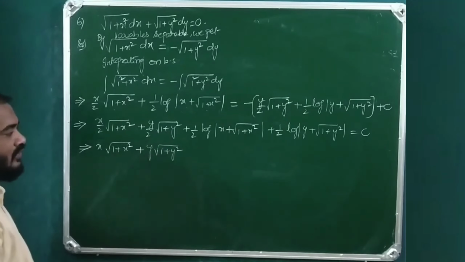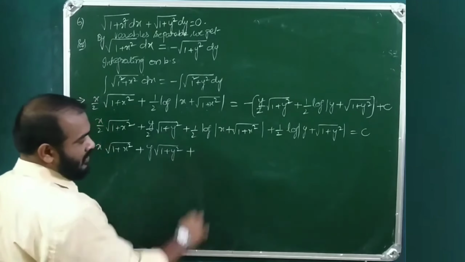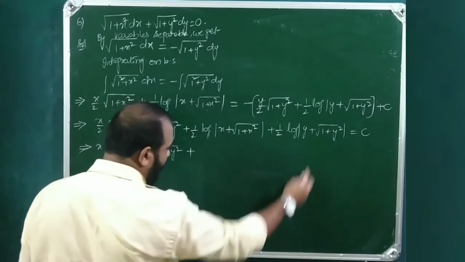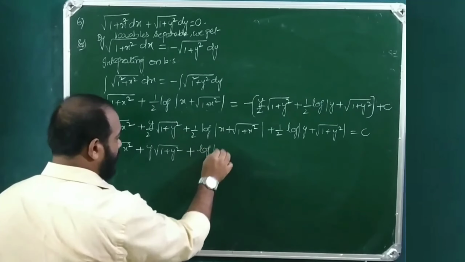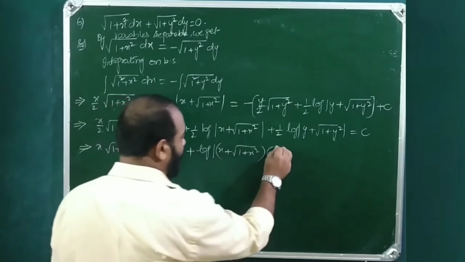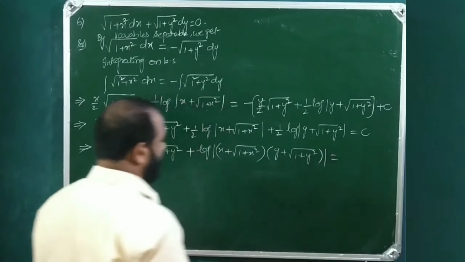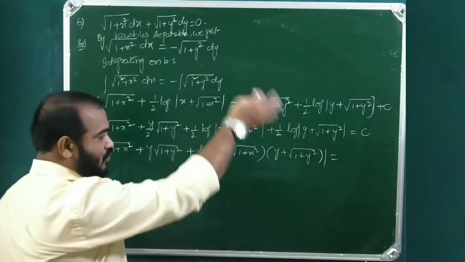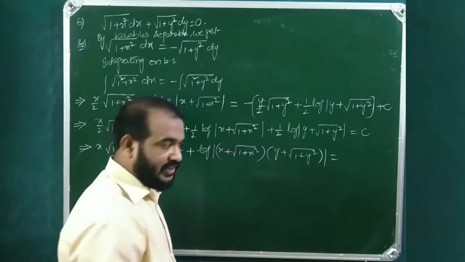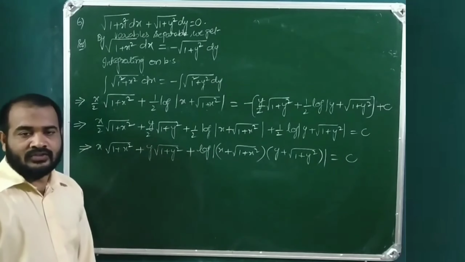I take 2 as an LCM here, plus if I take 2 as an LCM, then log this plus log this. So log A plus log B, log AB. So log of x plus square root of 1 plus x square into y plus square root of 1 plus y square is equal to, 2 is the LCM, if you transpose onto the other side, 2c. Instead of 2c, we can replace it as c dash, and that c dash is equal to c. So this is the required general solution.